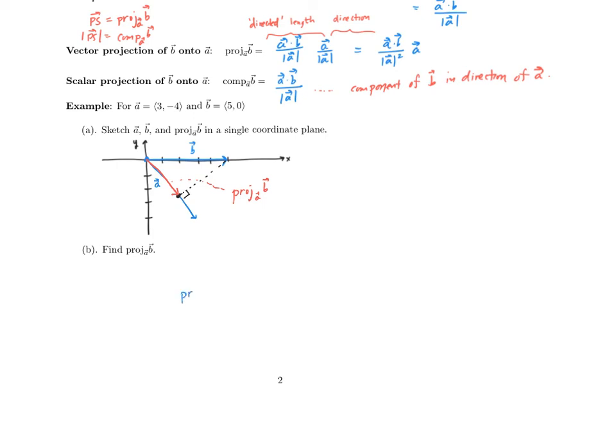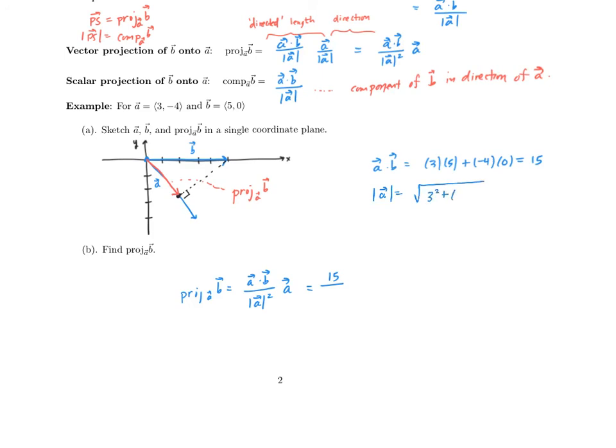So the formula we have for the projection of B onto A, looking above and to the right, would be A dotted with B divided by the magnitude of A squared times A. And these quantities, so A dotted with B, work these out to the side, is 3 times 5 plus negative 4 times 0, which is 15. And the magnitude of A, remember, is the square root of the sum of the components squared.